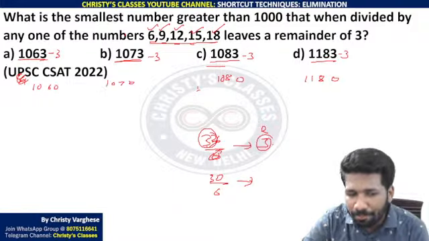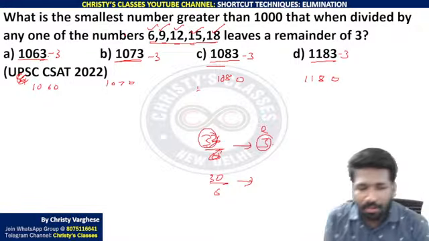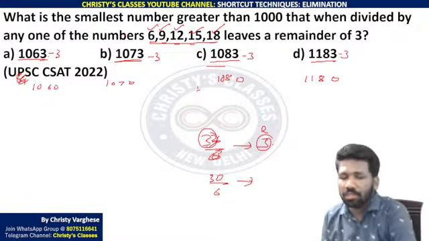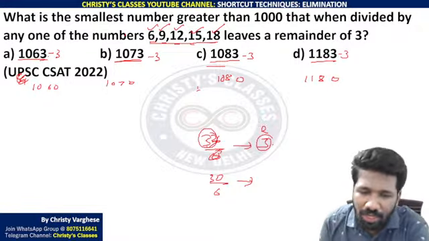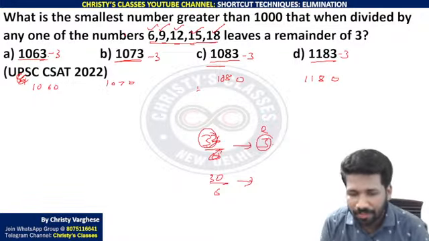Same logic we have applied here. You just reduce that extra 3 and the remaining number in each option should be a multiple of 6 and 9 and 12 and 15 and 18, or 6, 9, 12, 15, 18 should be factors.